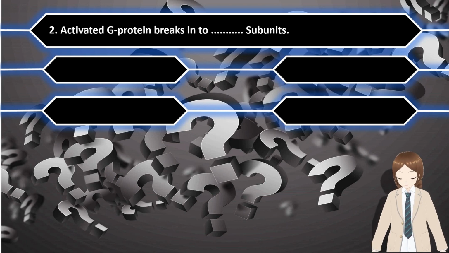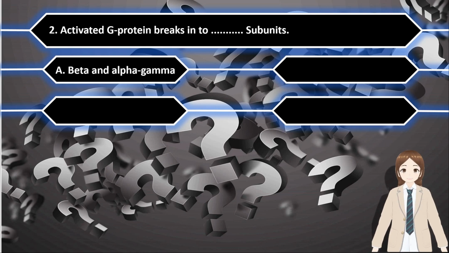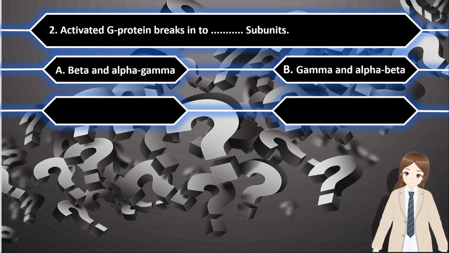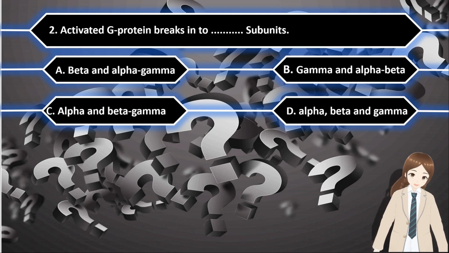Question number 2. Activated G protein breaks into subunits. A. Beta and Alpha Gamma, B. Gamma and Alpha Beta, C. Alpha and Beta Gamma, and D. Alpha, Beta, and Gamma.